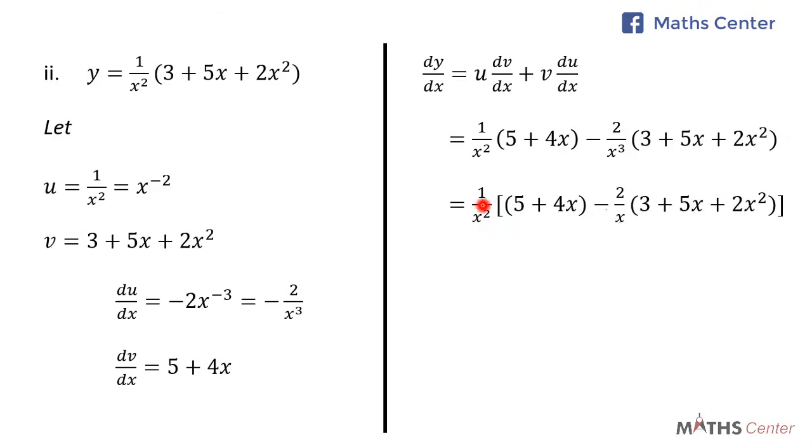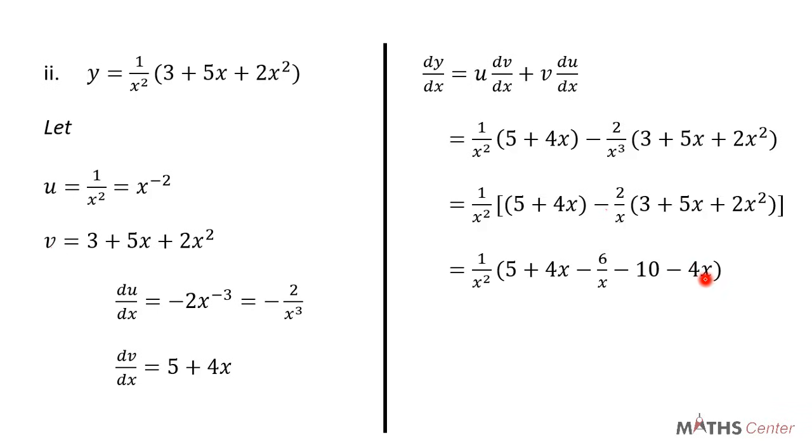Remember, we have factored out 1 divided by x squared. When you open up the brackets, inside the brackets, you have 1 divided by x squared into bracket 5 plus 4x minus 6 divided by x minus 10 minus 4x.